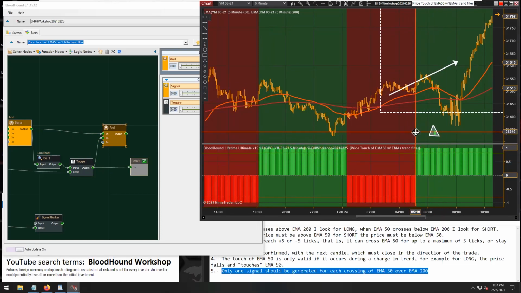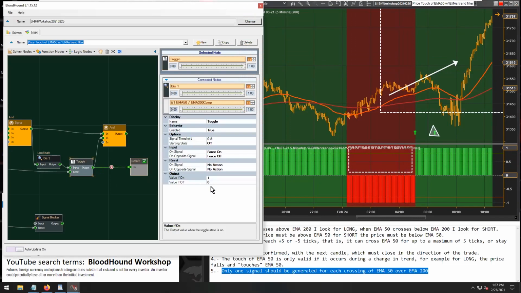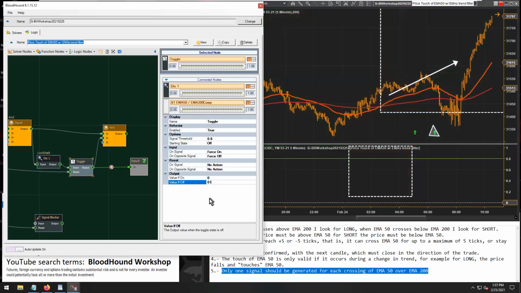So before we get the first signal, we actually want the toggle node on. So in this area, we want the toggle node on. That's why we took the toggle node and we reversed the output, like so.